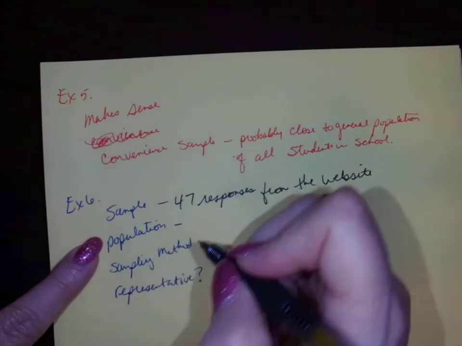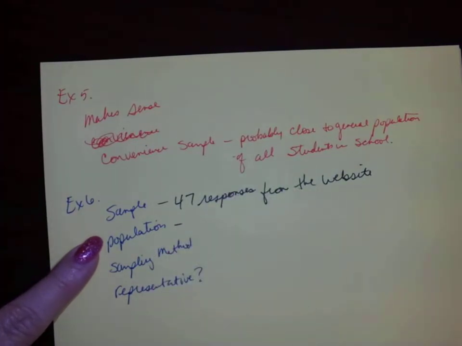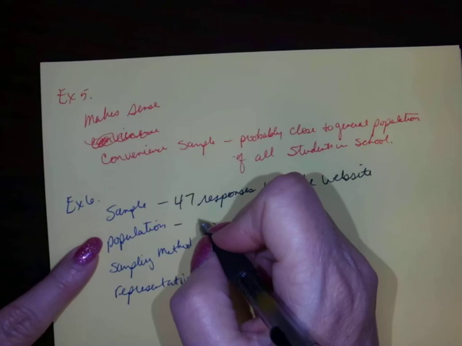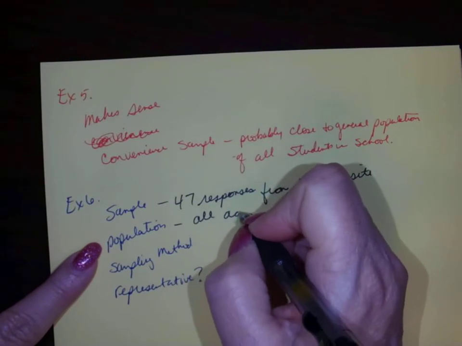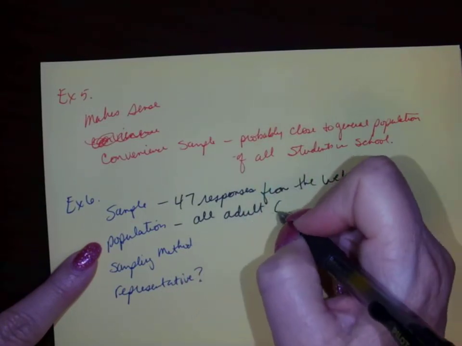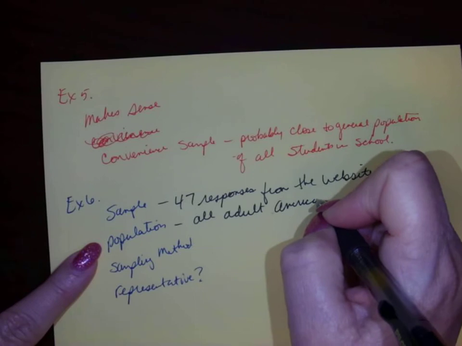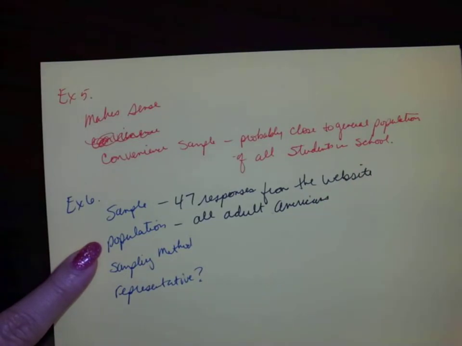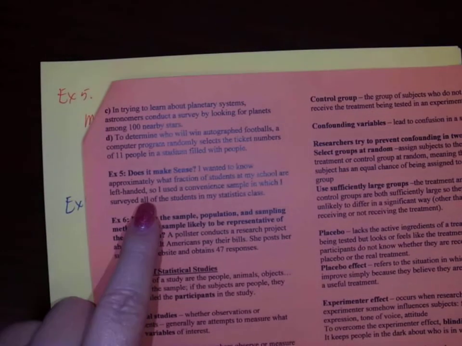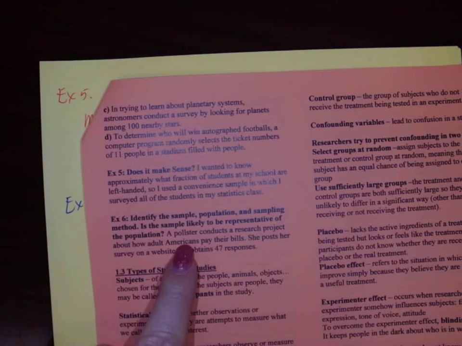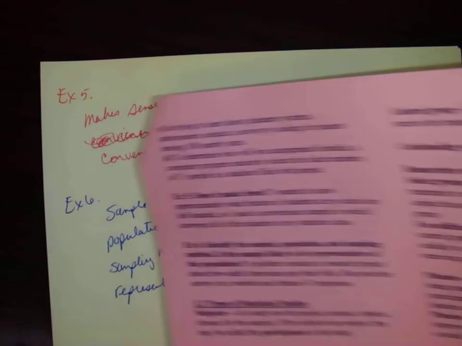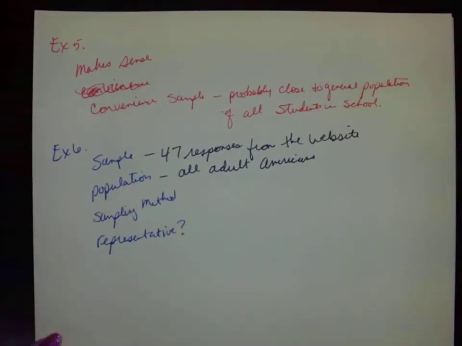Now, the population that she was looking for was all adult Americans. You can't just put all Americans, because all Americans would include everybody, right? And it clearly states adult Americans. So that word adult makes a difference.